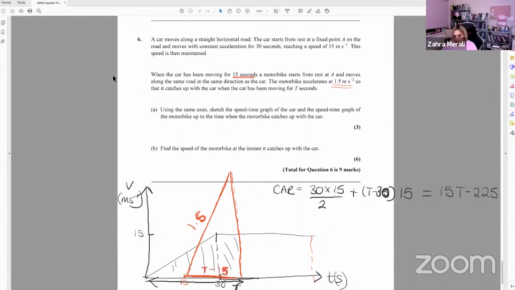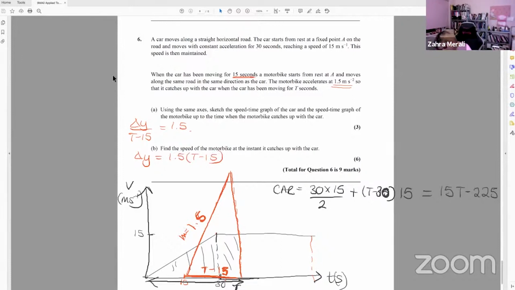So logically, if I know the gradient, this m if you like, then my change in y, which is what I don't know, divided by t minus 15 equals 1.5. So my change in y, my height, has to be 1.5 multiplied by t minus 15. That's the bit that makes this a little bit tricky.